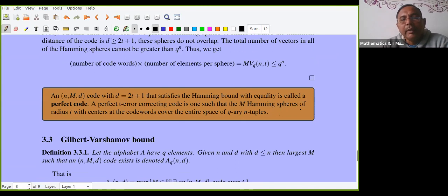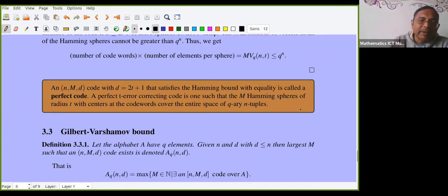An (n, M, d) code with d equal to 2t plus 1 that satisfies the Hamming bound with equality is called a perfect code. If I take balls around the code words, then I'm covering the entire q power n space. That is the advantage: whatever received word I get, I can correct it, since I'm not missing any word.